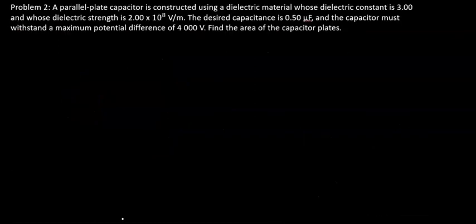Problem 2. A parallel plate capacitor is constructed using a dielectric material whose dielectric constant is 3. And the dielectric strength is 2 times 10 to the power 8 volts per meter. The desired capacitance is 0.5 microfarad, and the capacitor must withstand a maximum potential difference of 4,000 volts.